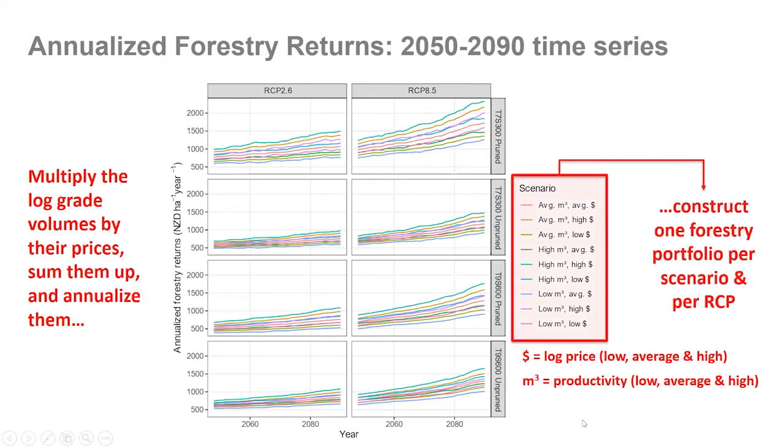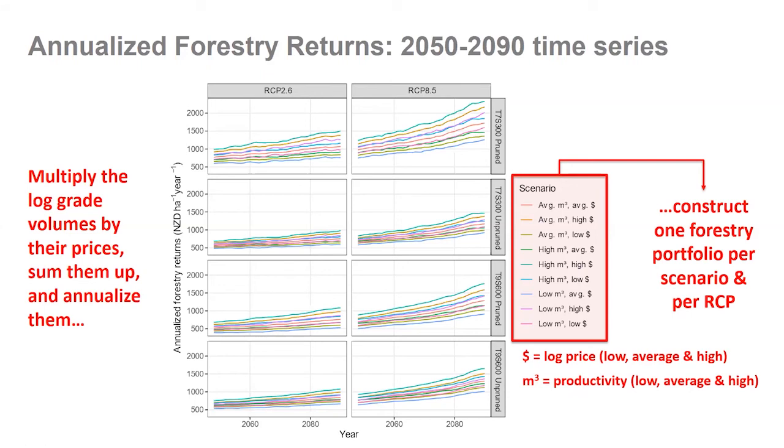Okay? We are going to construct one forestry portfolio per scenario and per RCP. And looking at the scenarios here, you can see that we have low, average, and high log prices combined with low, average, and high productivity scenarios, okay?